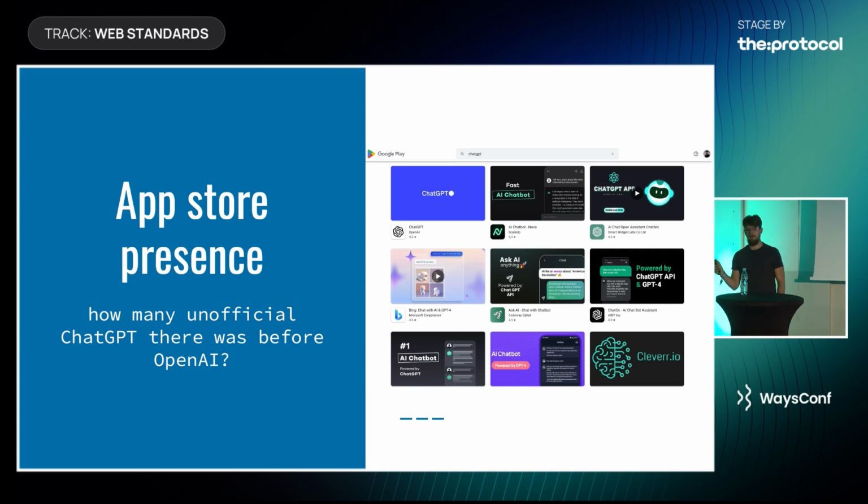Okay, so offline. What else? App Store presence. How many ChatGPT clones were there in the app stores before they launched the official app? No one really can count. But the App Store is a really valuable piece of real estate.